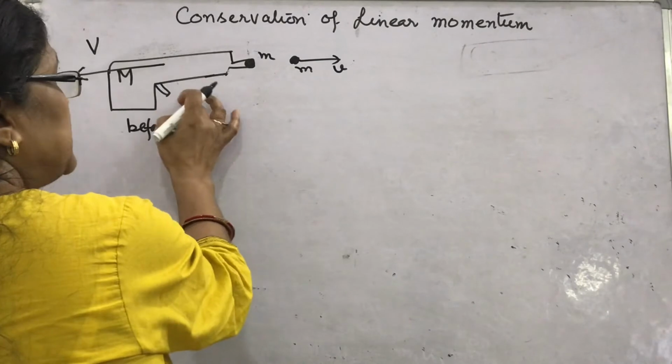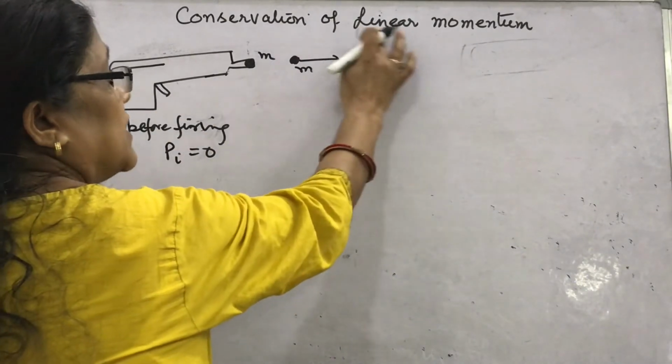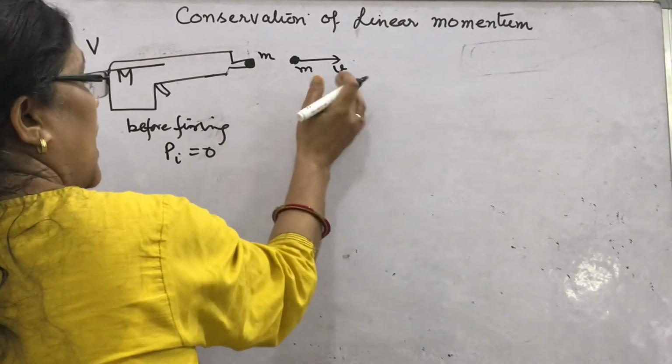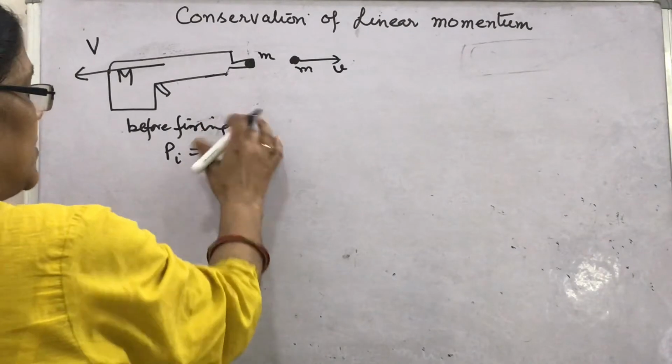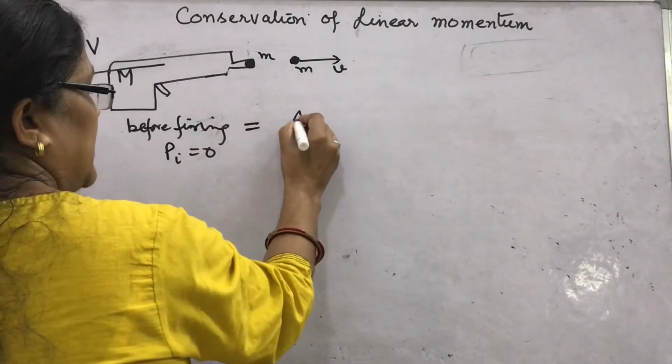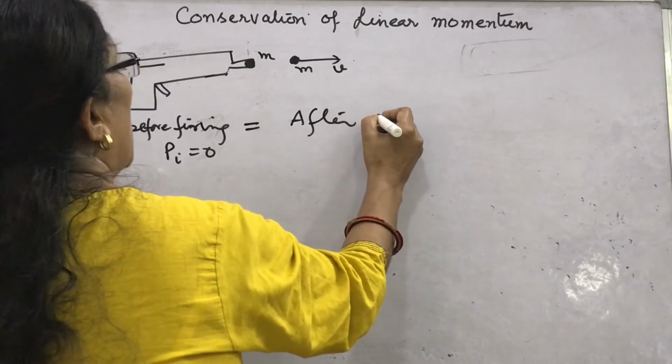Since the external force is not acting here, then as per the conservation rule, the after firing momentum will be same as before firing. Then what should be written here? Before firing momentum is equal to after firing.